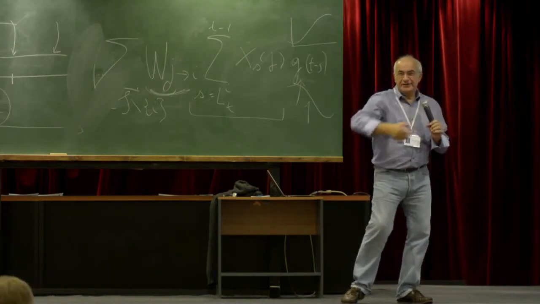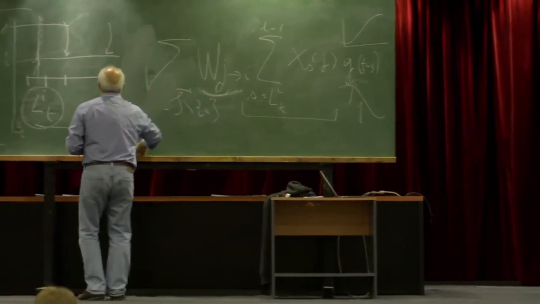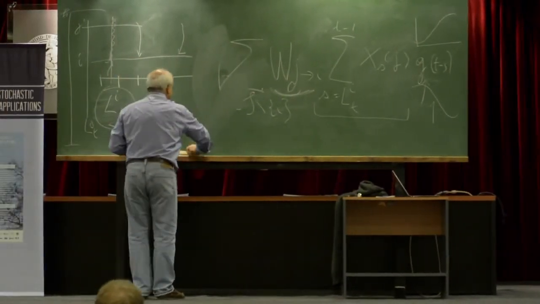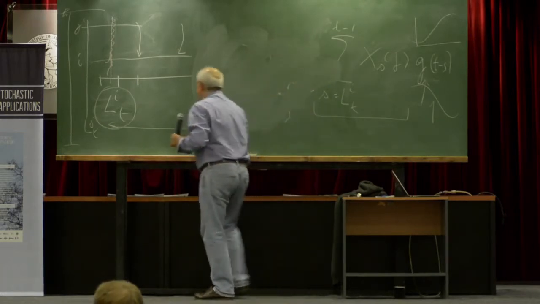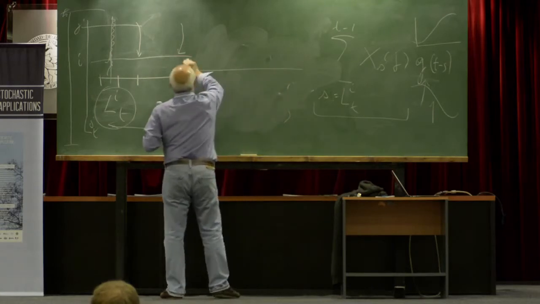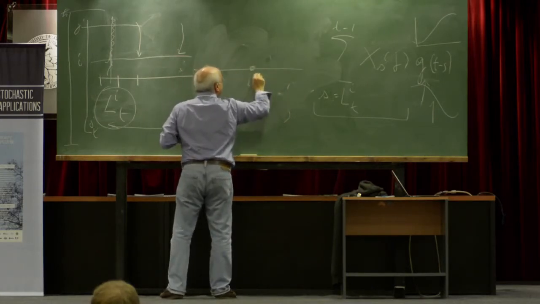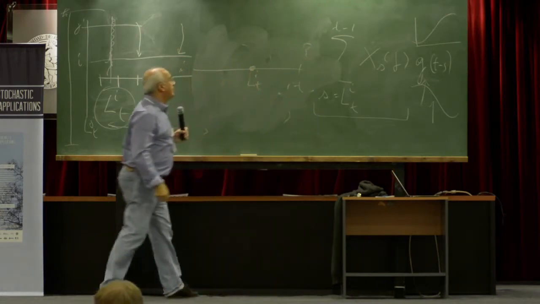I want to say, is it possible that a spike which took place, you see, I have here I. Then I have a spike here, and I want to know if there will be a new spike here.